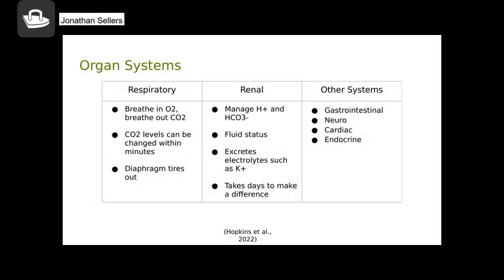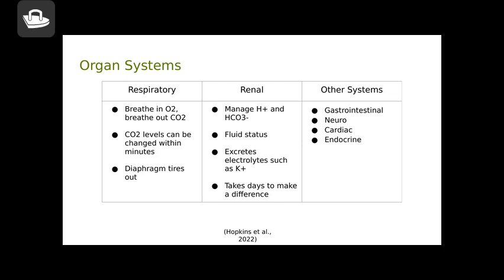The main organs involved in acid-base regulation are your respiratory system, so your lungs, and the kidneys, our renal system. GI, gastrointestinal, stomach acid, plays a role.